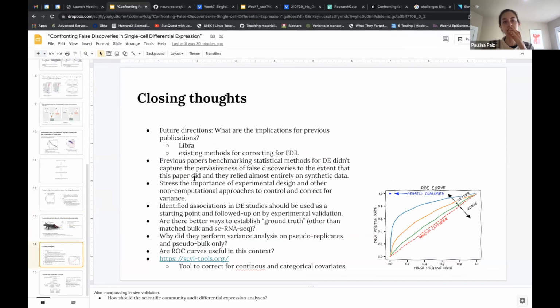For some closing thoughts on future directions: since they made a lot of dramatic calls about paradigm shifts and changing already published papers, I think a simpler way of doing this is just to compare existing methods for correcting for false discovery rates and see how all of them implement them, whether they're implementing the same ones or different, which can't be implemented by single-cell methods.